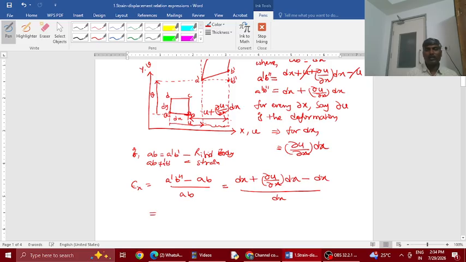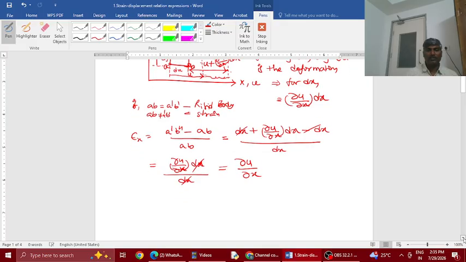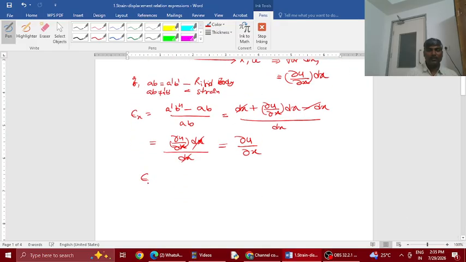So you cancel out this dx, and dou u by dou x into dx divided by dx. So this dx cancels out, and what remains is dou u by dou x. So the strain in x direction, epsilon x, is equal to dou u by dou x.